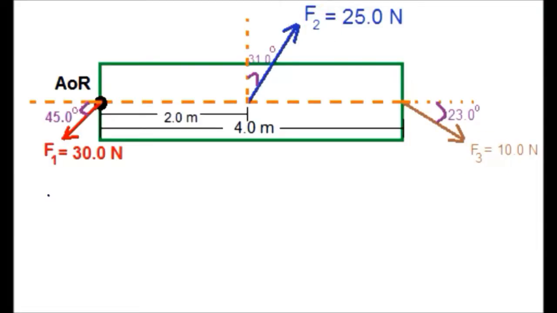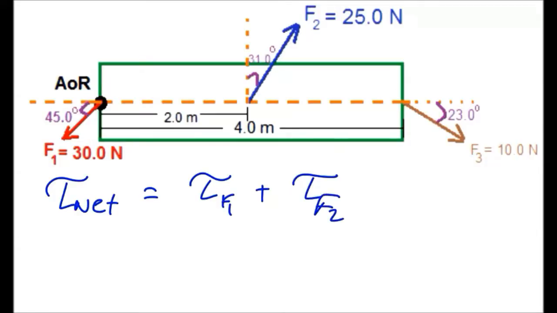So our net torque is equal to torque caused by force 1 plus torque caused by force 2 plus torque caused by force 3. Now, torque is a vector, which means we'll have to take into account the direction of each of those individual torques, so that we can get the correct sign in there.